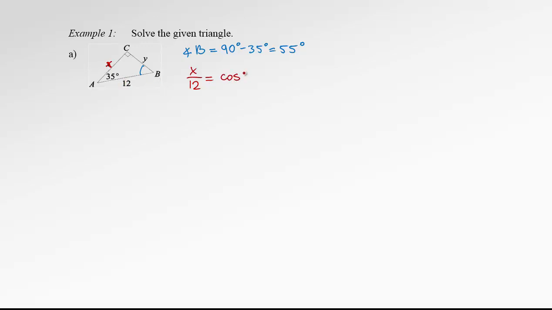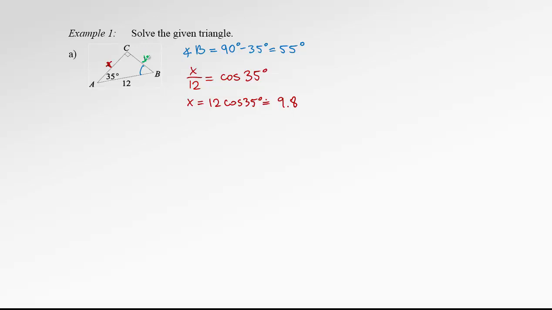That's a cosine of 35-degree angle. And now we solve this equation for x. It's enough to multiply both sides of the equation by 12. We obtain x equals 12 cosine 35. And then, using a calculator, we obtain 9.8, rounded to one place value.